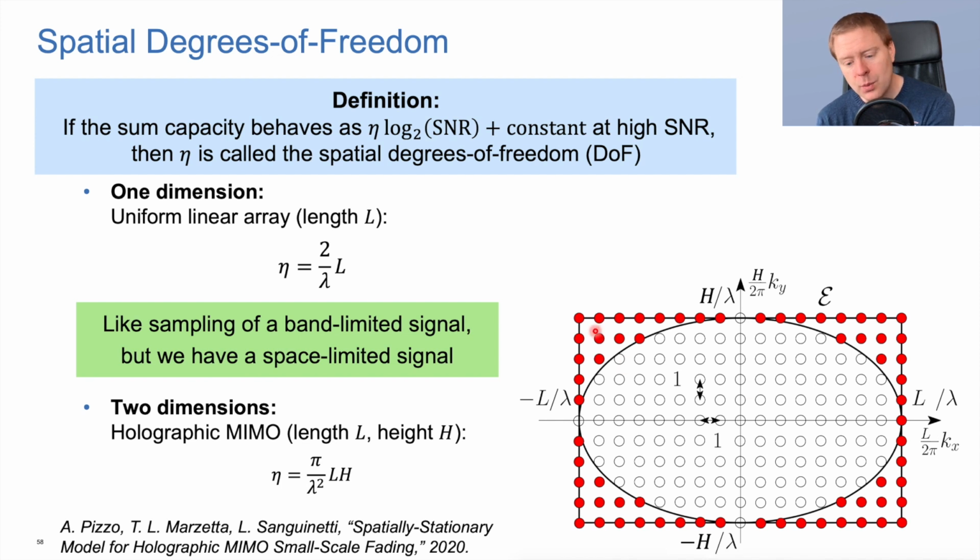So one can essentially remove these surface elements outside and not reduce the degrees of freedom. These ones can still contribute to a bigger constant here, but not to the degrees of freedom.